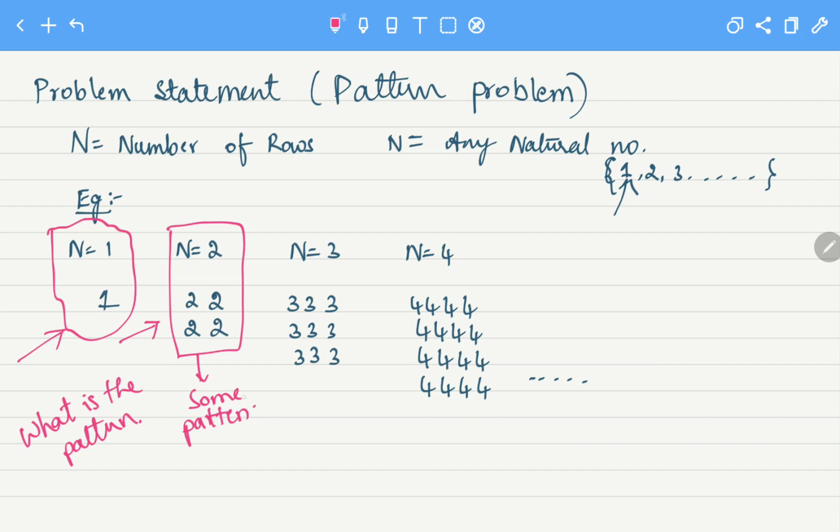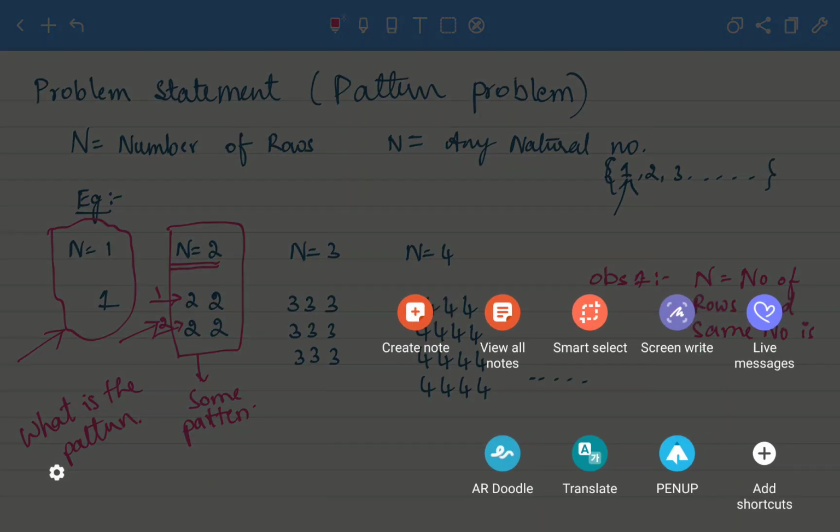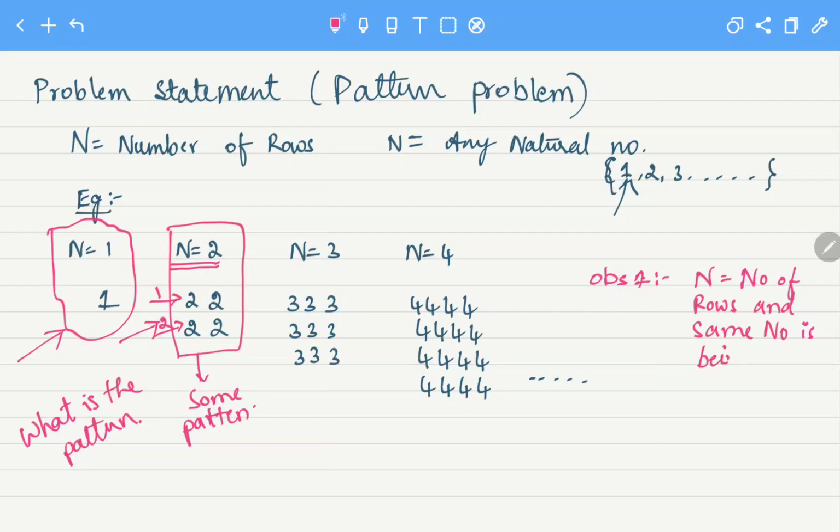And the first thing you observed is that whatever n value I have given, the same number of rows appear: row 1, row 2. Observation 1: n is the number of rows and the same number is being printed.